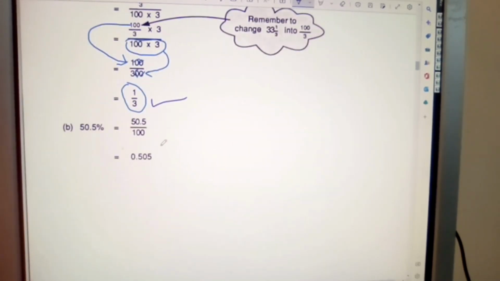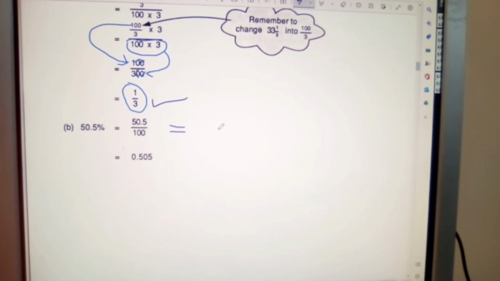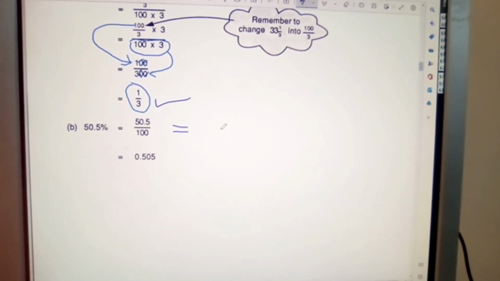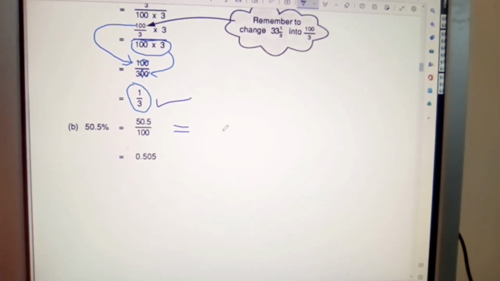Okay, and you simply divide 50.5 by 100, and that process is quite simple enough for you to do, but I realize some people are not very articulate. So let me do it the hard way, okay?